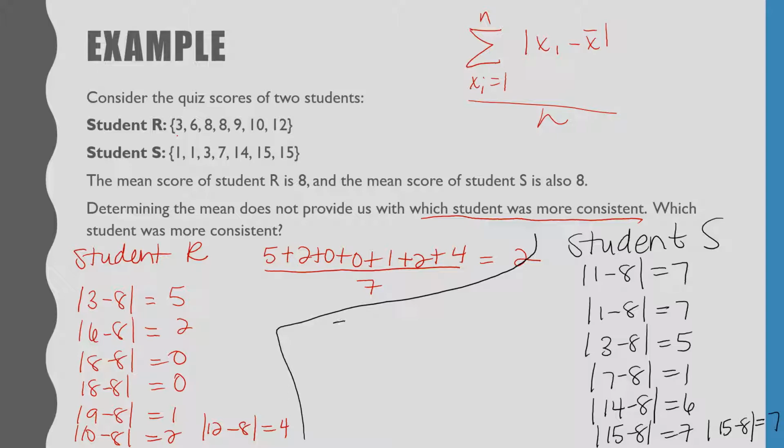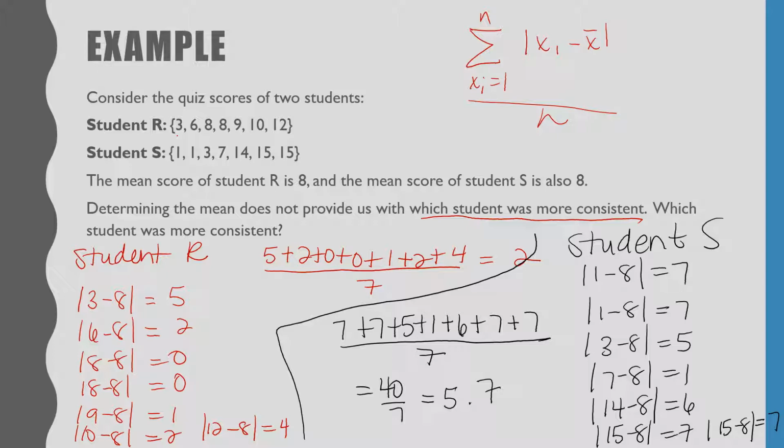So I'm going to add all those up. 7 plus 7 plus 5 plus 1 plus 6 plus 7 plus 7. Okay, and that's all going to be divided by 7 because there were 7 test items. And that gives me 40. And 40 divided by 7 gives me 5.7.